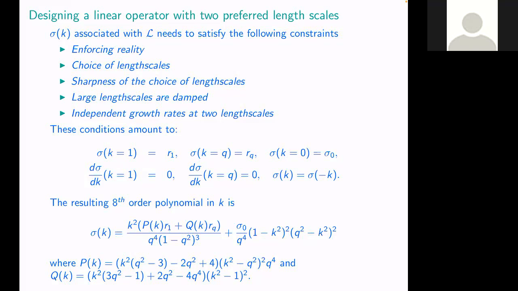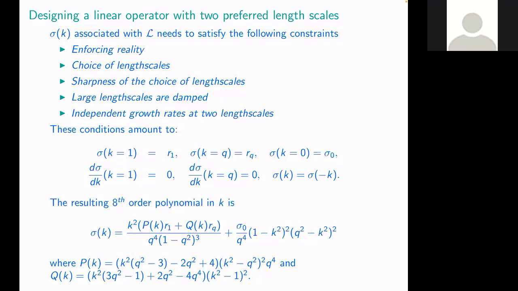So for our sigma of k, which is our linear dispersion relation, we want to enforce reality. By enforcing reality, what we mean is that we want wave vector combinations and their conjugates to have the same value, so that our pattern at the end is a real valued pattern. And then we choose the length scales.